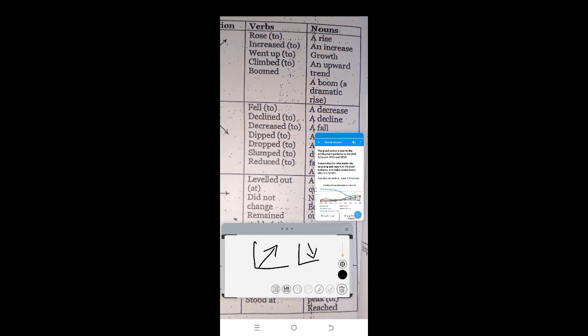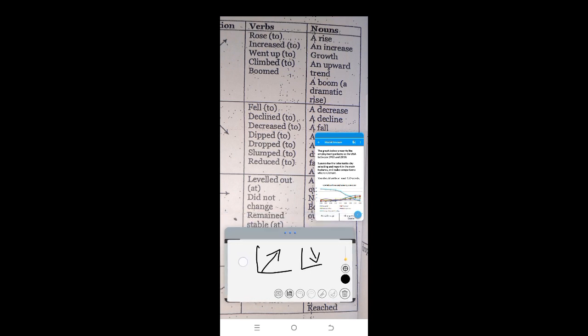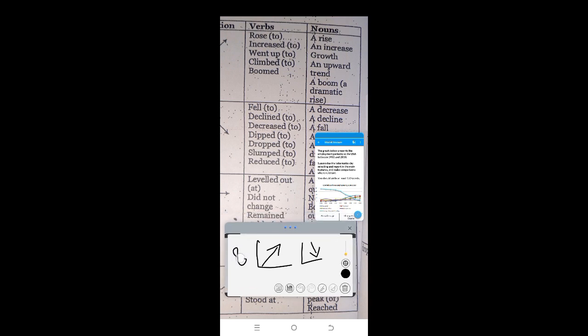You can use fell to, declined, decreased, dipped, dropped, slumped, reduced. You cannot use the same word like fell to again and again. The repetition is totally prohibited, because if you want to attain a good band, at least band 8 plus or 9, you are going to do this.